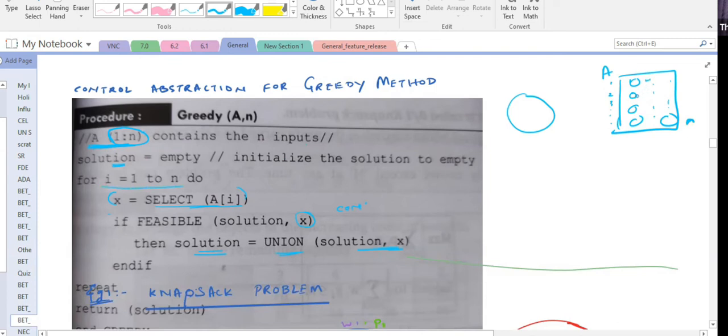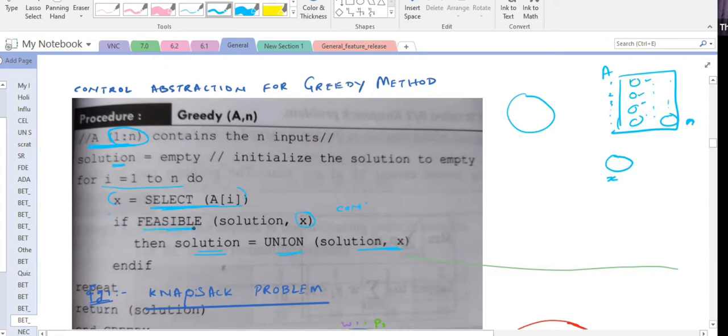That means what? You have to check elements one by one till you reach the nth element. At each point, what you're supposed to do, you have to do an operation called select. At some point, you have to select one item. You're calling this X. Whatever item you have selected, you're calling that X. You're checking, is this a feasible solution?